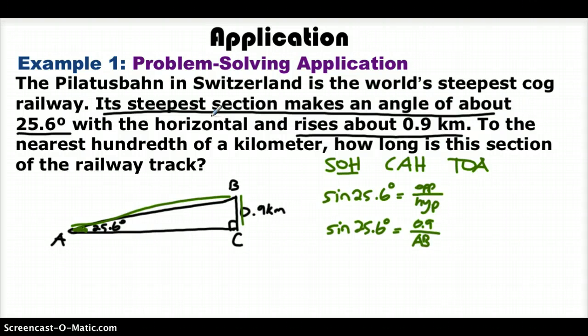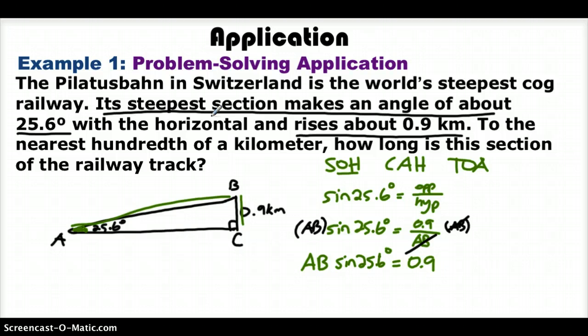At this point, we're going to try to isolate AB by multiplying it to both sides. Then I'll rewrite it just to make it a little more neat. AB times the sine of 25.6 degrees equals 0.9.